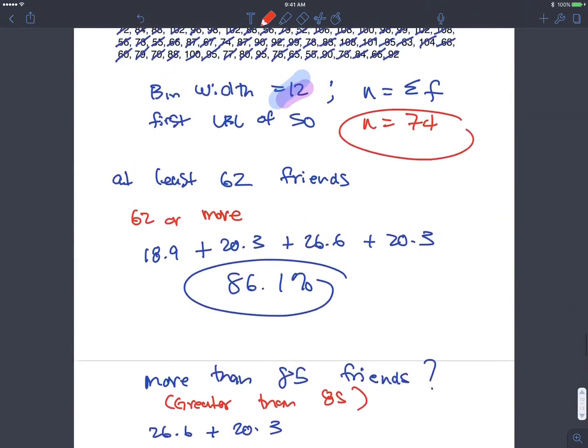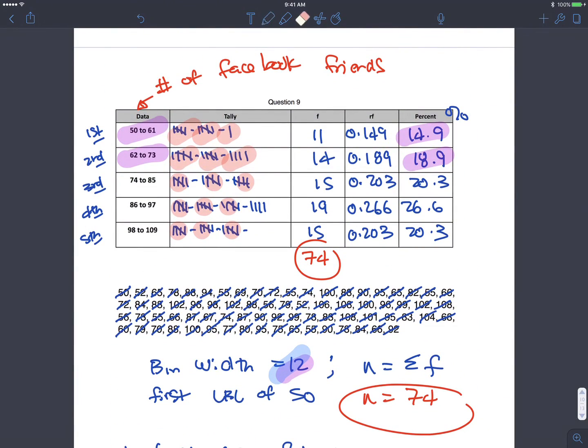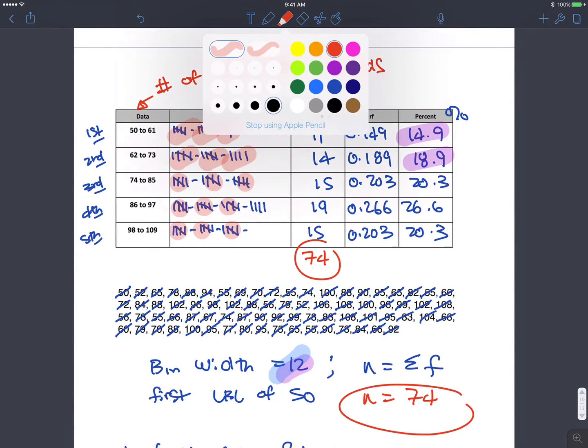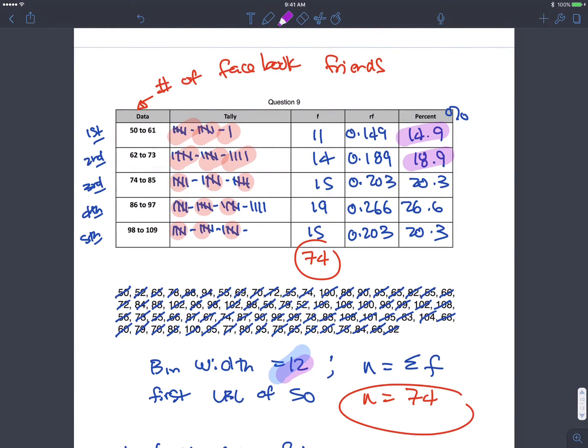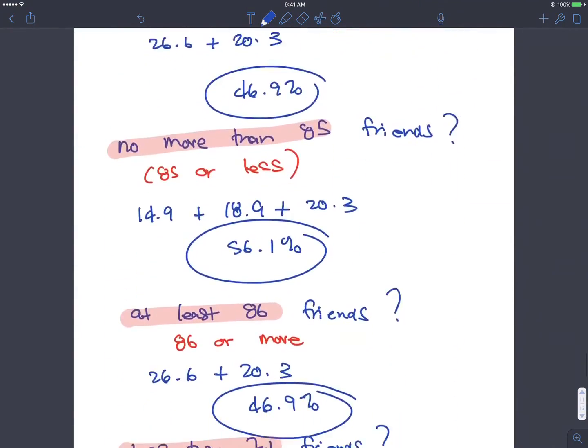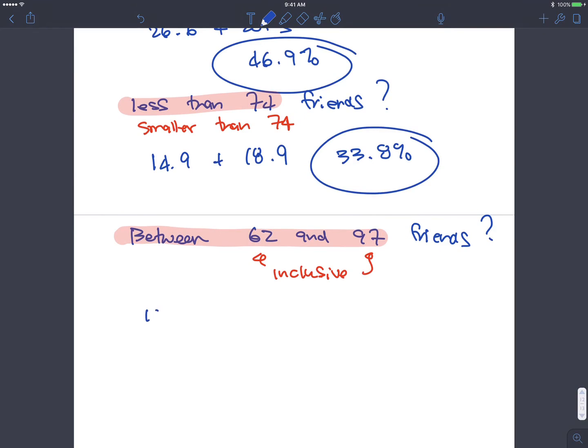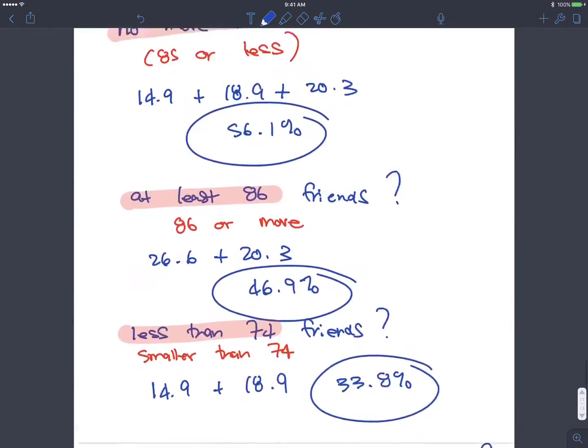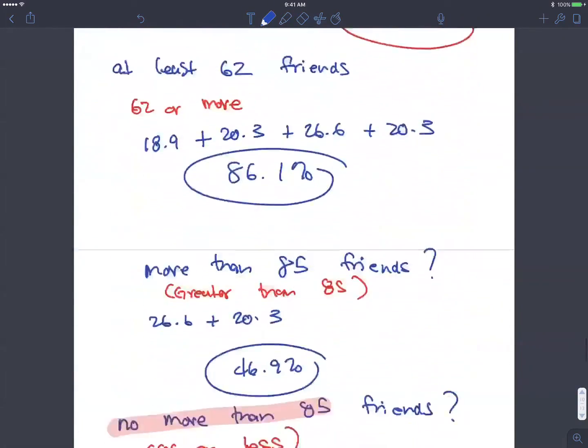So the bins that hold what we need are the second, third, and fourth bins. We add the associated percentages: 18.9, 20.3, and 26.6.